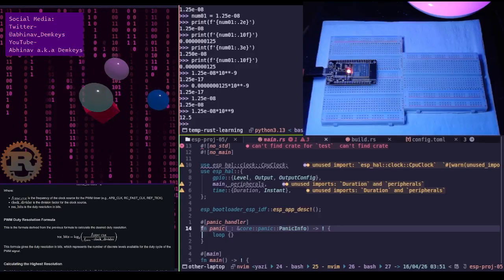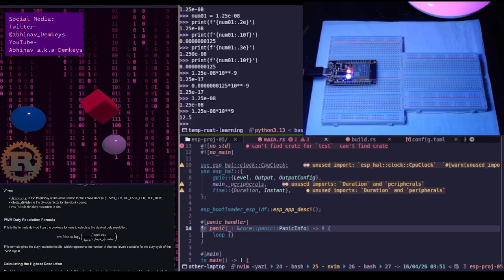Wait, Circuit Simulator. This is a version of the original.